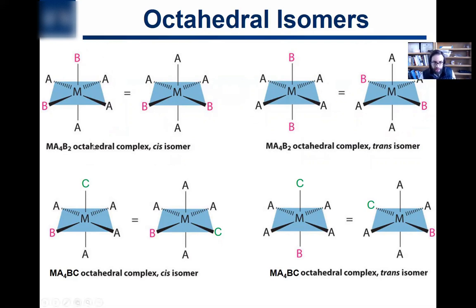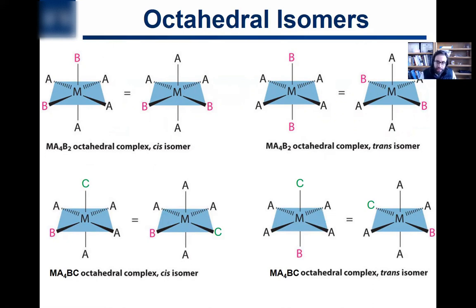It's no more complicated than the MA4B2 case. The reason why is because this is just defined by how your B and C are related to one another. If they're cis, it's going to look like one of these drawings, or if you're trans, it could be one of these drawings. These are equivalent. So there's only 2 isomers, and we track it by looking at whether or not B and C are cis or trans to one another.